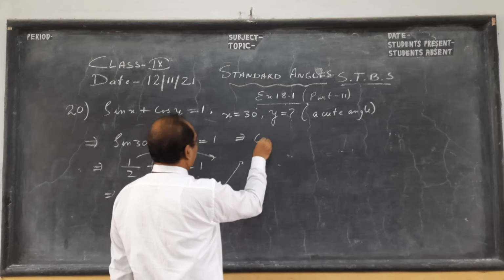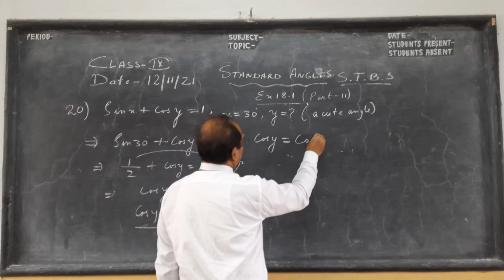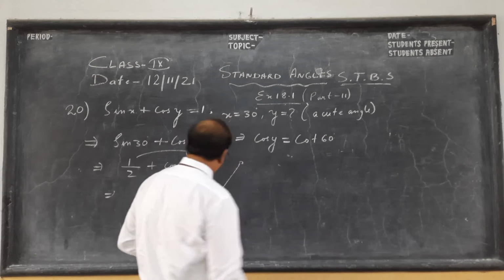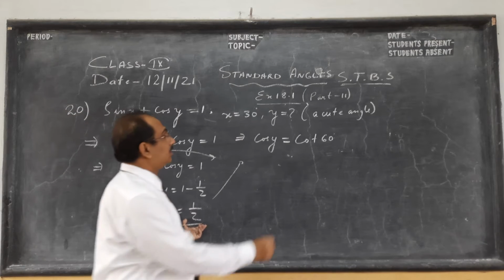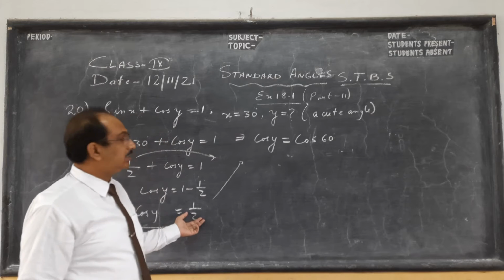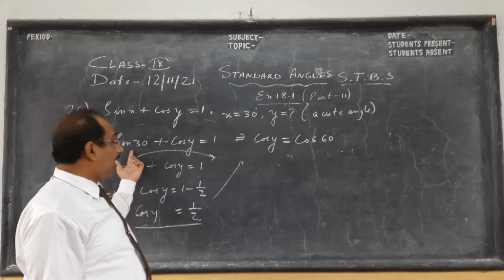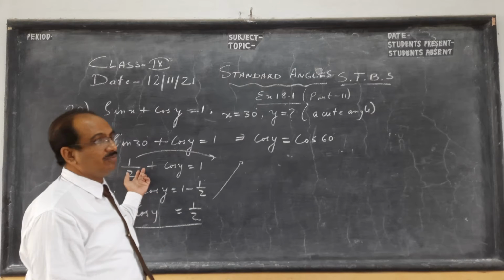So we write cos y, it is for cos 60. So in place of half, we write cos 60 degree, not cot. Cos 60 degree is half. Sin 30 is half, so the complementary angle of 30 is 60, so cos 60 will be half.